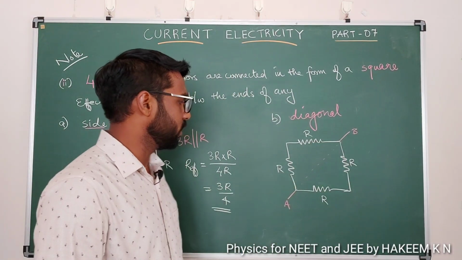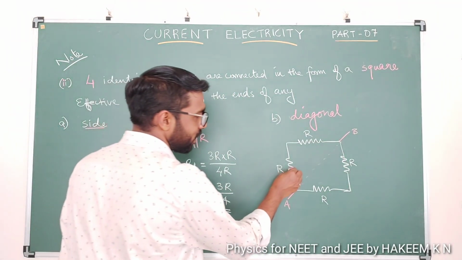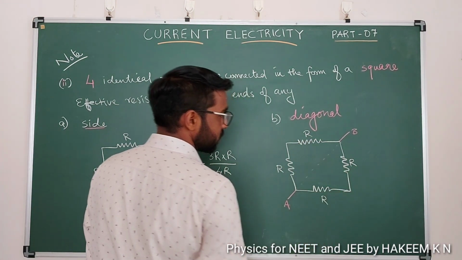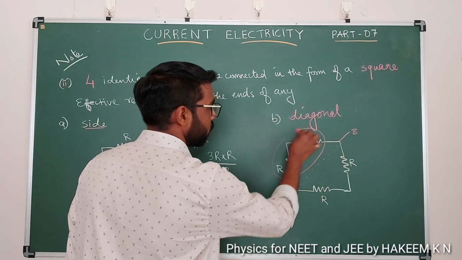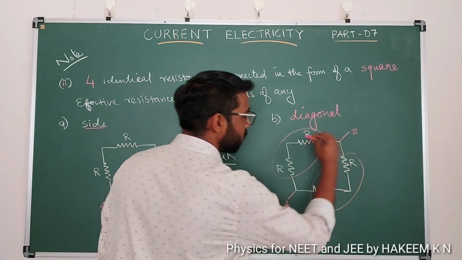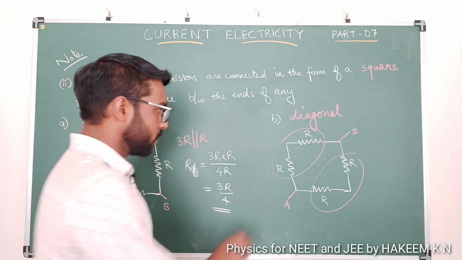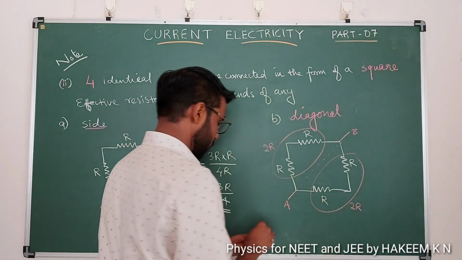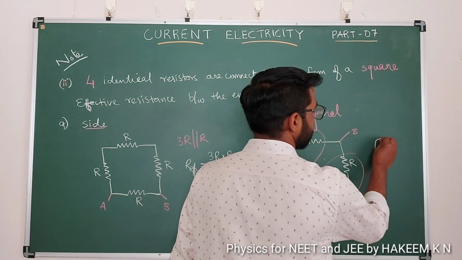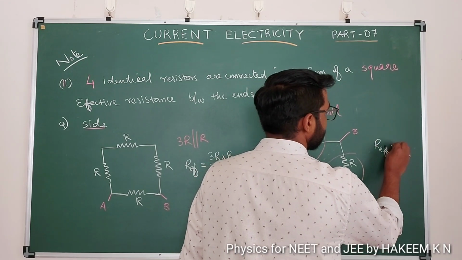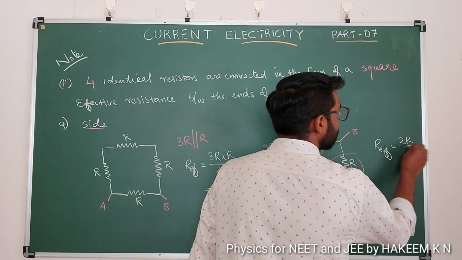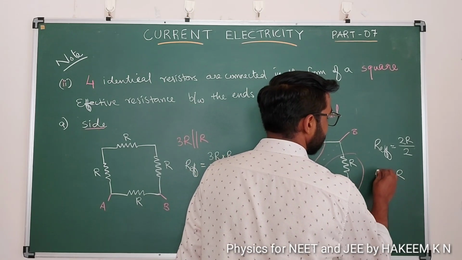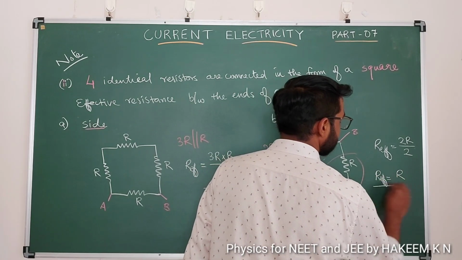Here R and R are in series and these are in series. So here you will get 2R and here also you will get 2R. So 2R parallel with 2R. Then R effective, 2R comes 2 times in parallel, so 2R by 2, R effective equal to R.